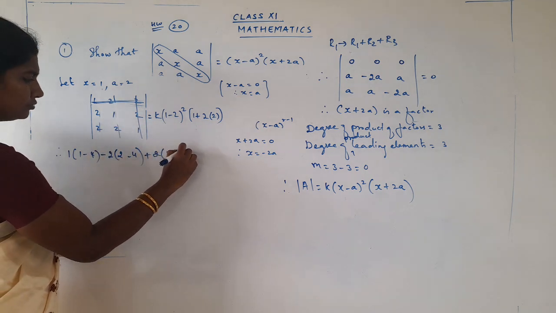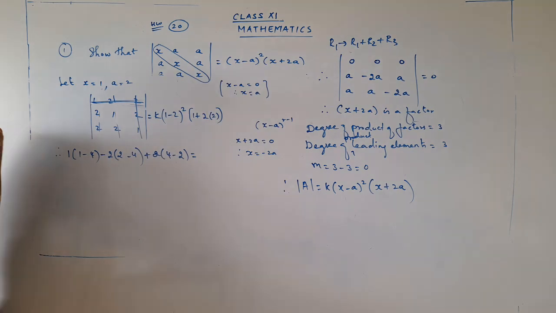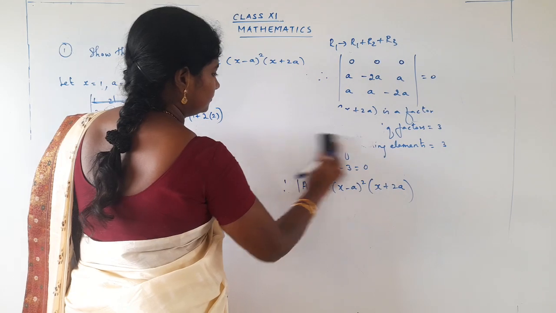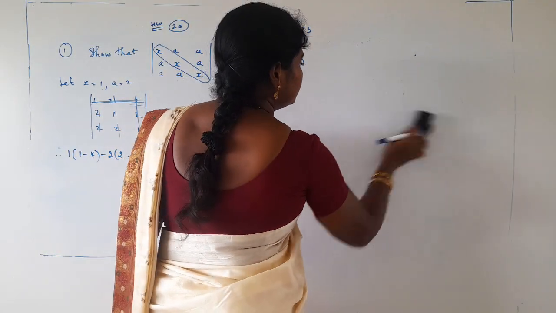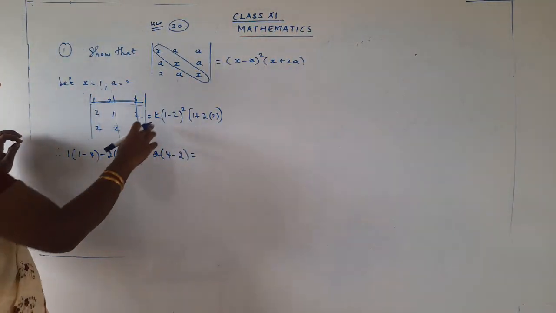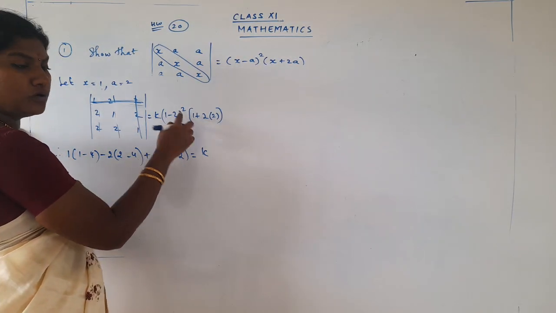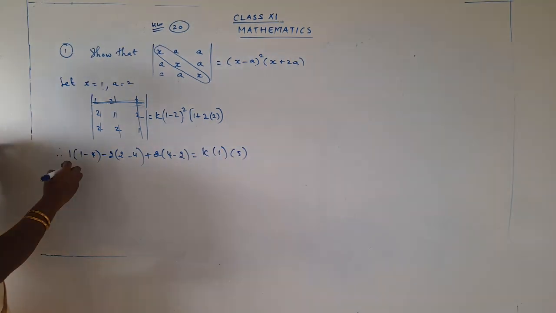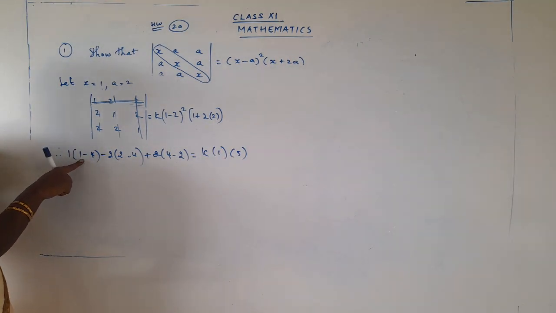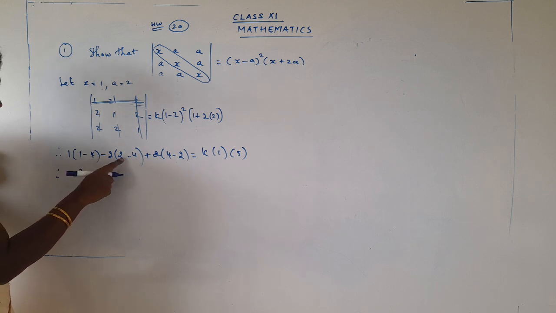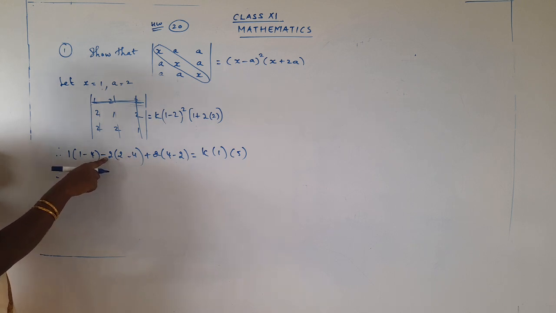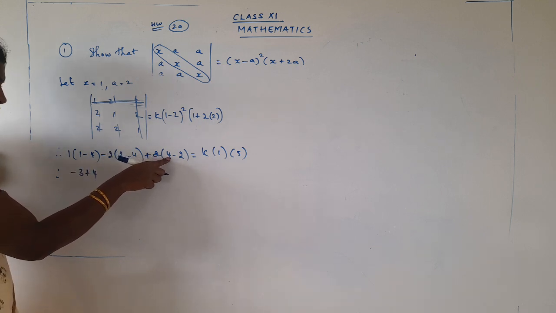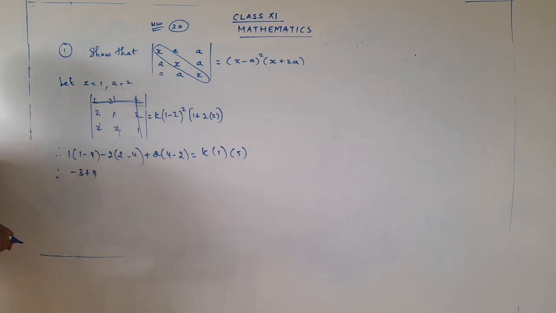So 4 minus 2 is equal to k into minus 1 the whole square. I get 1 only. This is 1 plus 4. So 5. 1 into minus 3, minus 2 minus 4 minus 2. So minus 2 into minus 2 plus 4. 2 into 2.